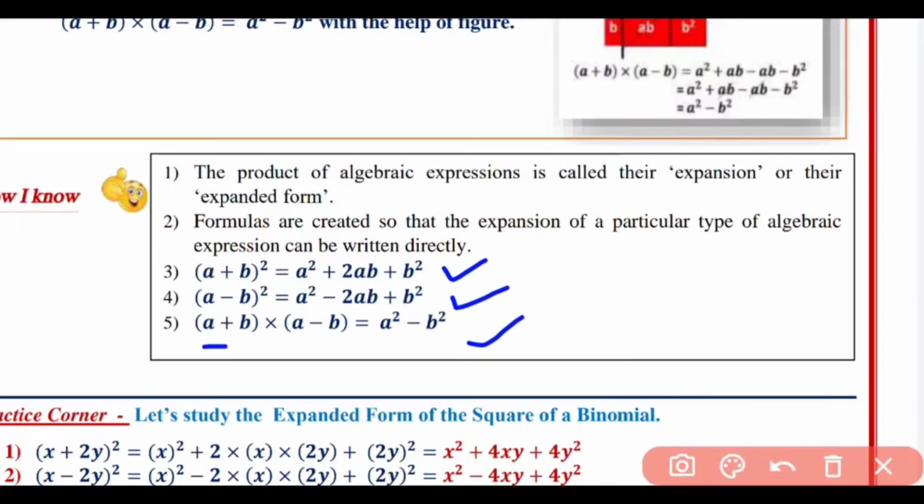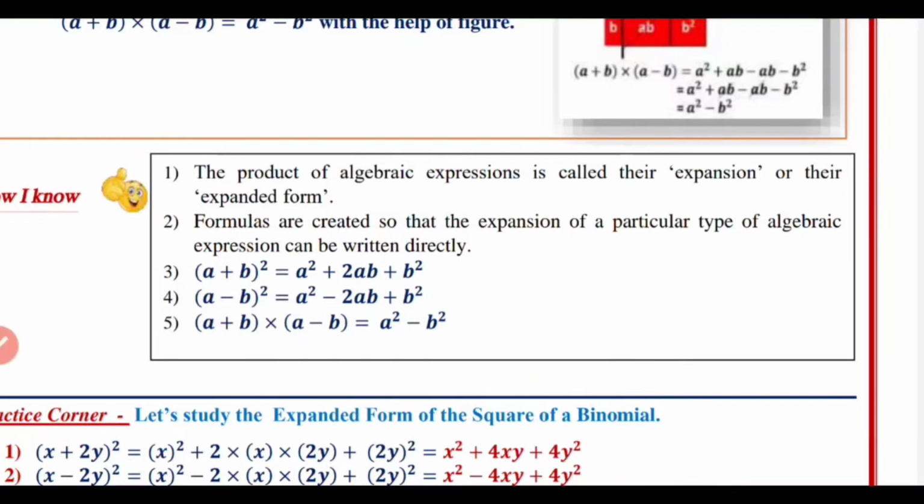That means if both brackets have the same first and second terms, and only the sign differs, plus in the first bracket and minus in the second, then it is equal to first term square minus second term square. We will be applying these formulae to solve our sums.